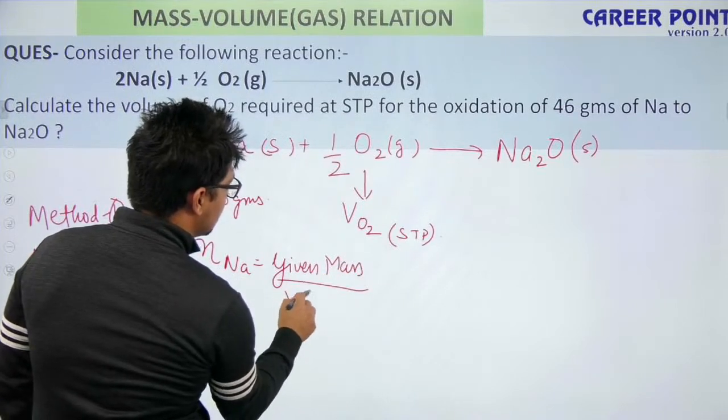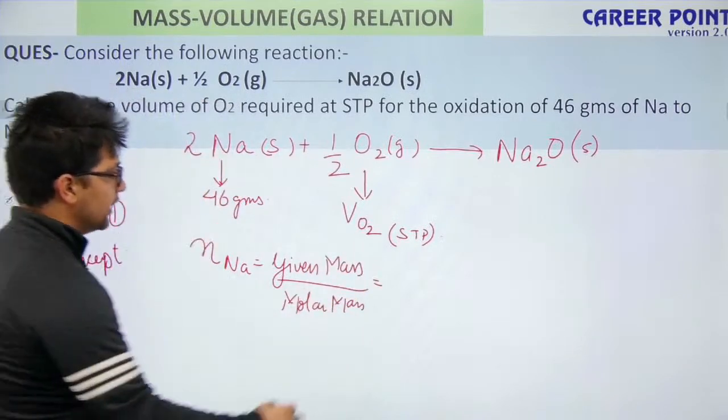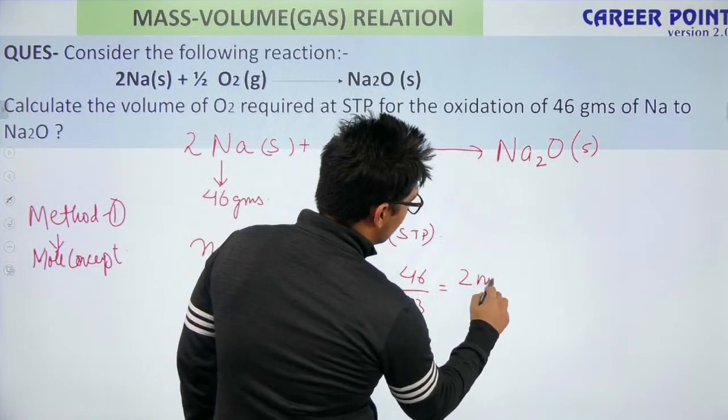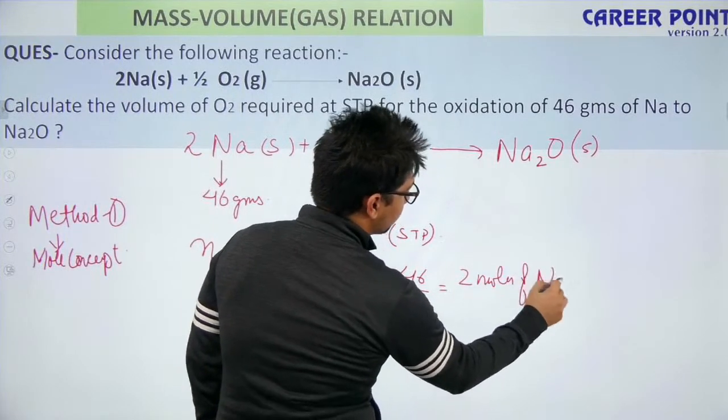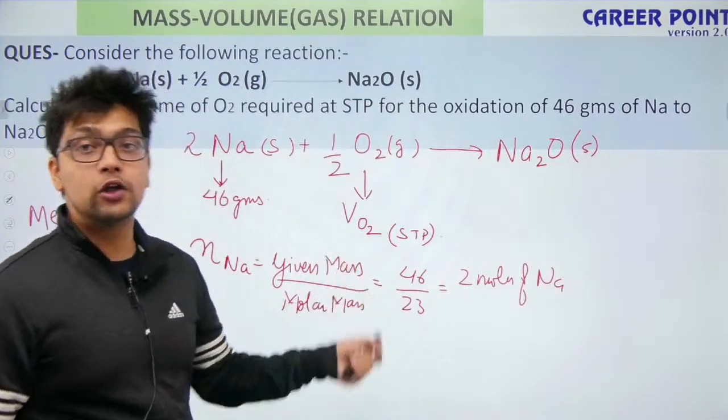This is the moles of sodium. Given mass is 46, molar mass is 23. So we have 2 moles of sodium. So I converted the left part, that is the mass part, to moles.